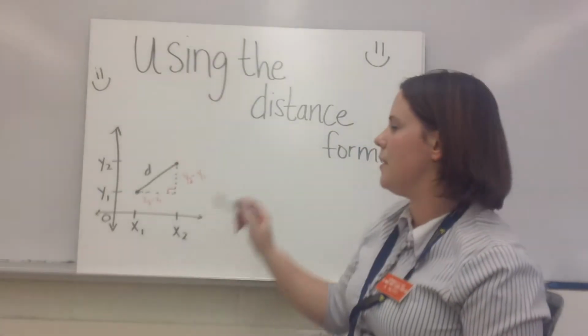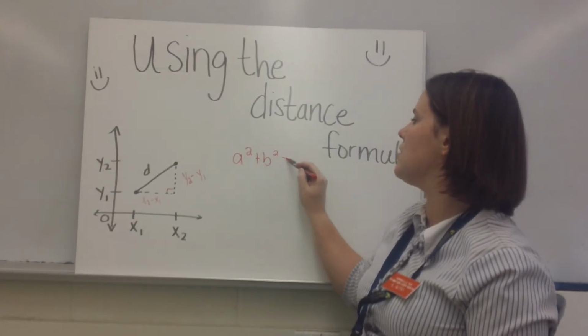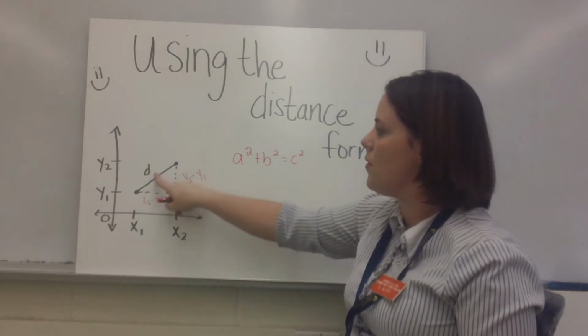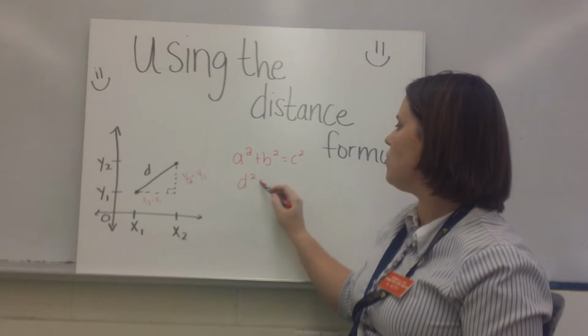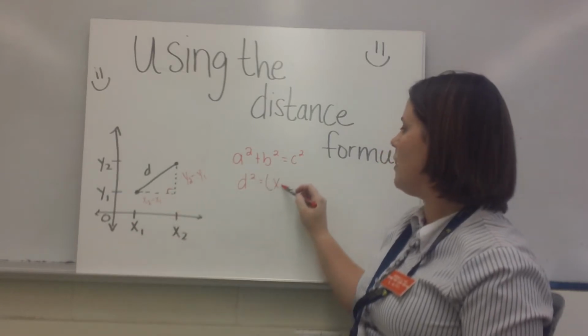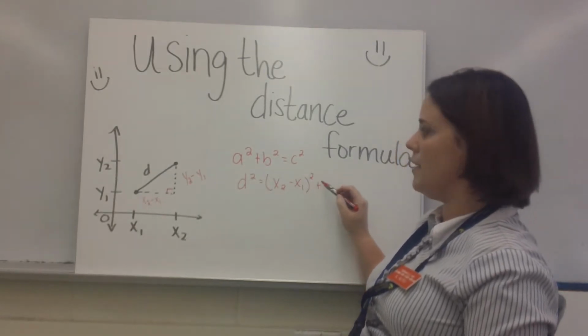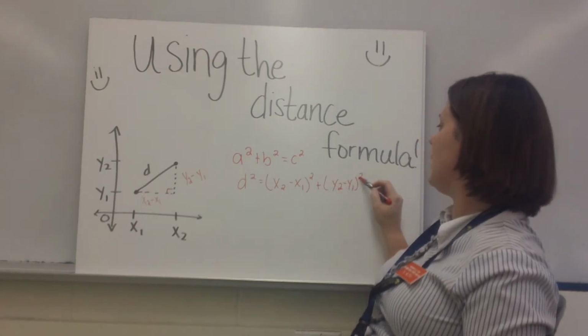If you use the Pythagorean theorem, it's a squared plus b squared equals c squared. C squared is always your hypotenuse. So in this case, our d is our hypotenuse. So it's just d squared equals, and then we're going to take our side lengths: x sub 2 minus x sub 1 squared plus y sub 2 minus y sub 1 squared.